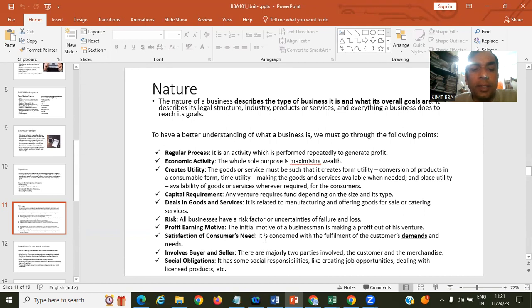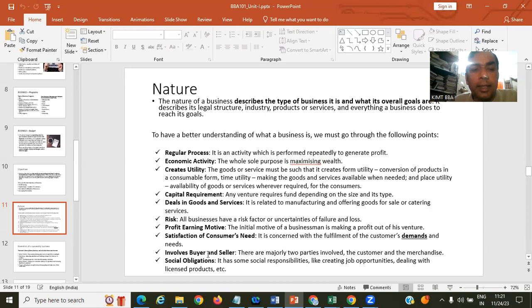Profit motive, satisfaction of consumers' needs. These are the different natures. Satisfaction of consumer needs: you understand the people's requirement, then you satisfy it by giving the product, whatever you are giving from your business. So that is the need of the business. Involves buyers and sellers. Someone is selling, someone is buying.